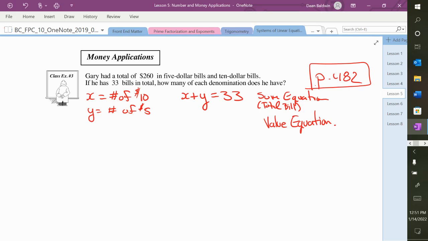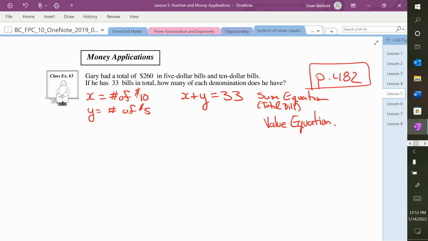Okay. I have some number of 10s and some number of 5s that has to equal 260. What did you do here? You took the number that you had. We don't know the number that we have, so we're calling that number x.